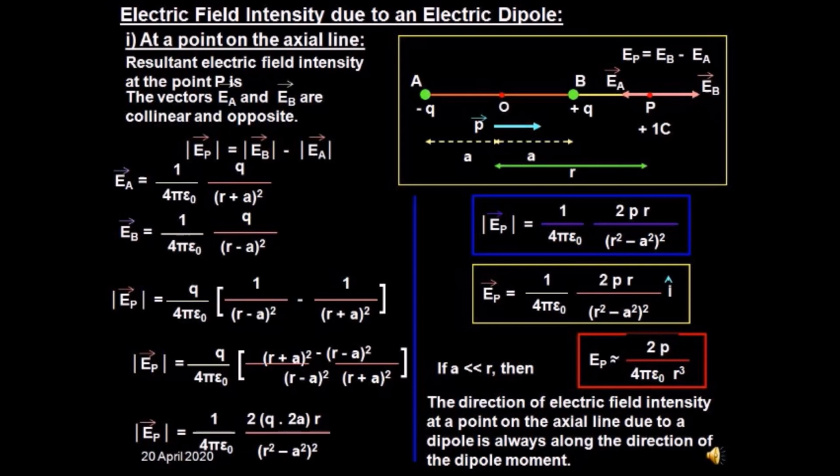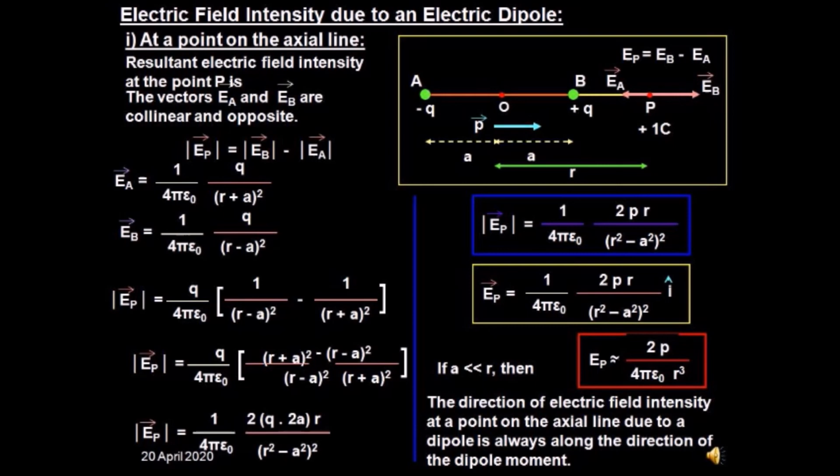So finally after cancelling, one power of R goes and we get R cube in the denominator. This way the final answer of EP is 2p upon 4 pi epsilon 0 R cube, where 1 upon 4 pi epsilon 0 we can also write as k. So we can learn this formula as 2kp upon R cube.